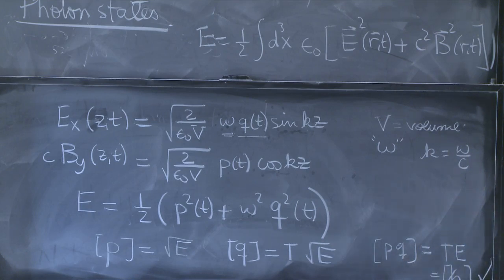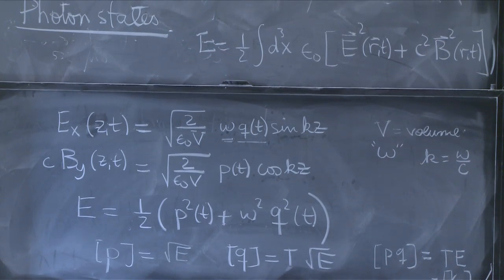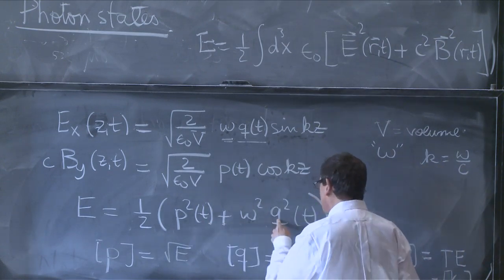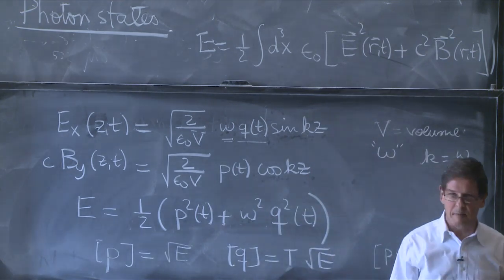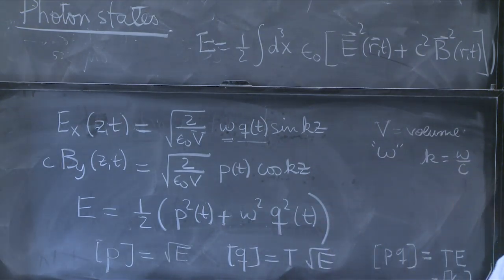So I will declare these things to be a Hamiltonian, and this P of t and Q of t to be the Heisenberg operators of the electromagnetic field.